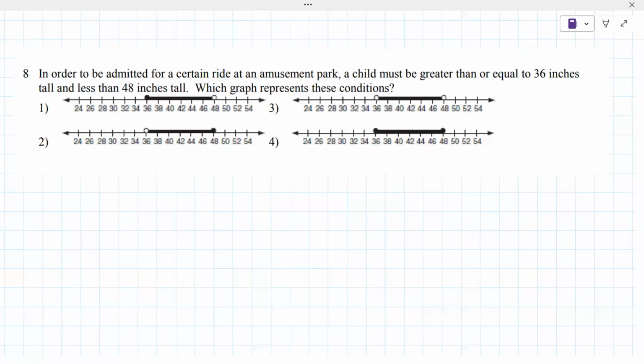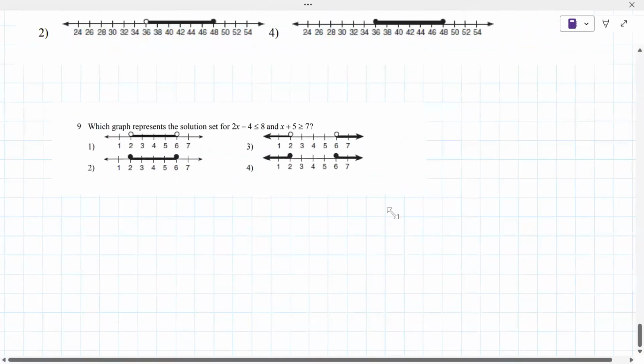I think it's one. Okay, they have to be greater than or equal to 36 and less than 48. So it includes 36, but does not include that one. I would agree there. All right, so the next one does require you to solve both inequalities, and pay attention to that middle word.